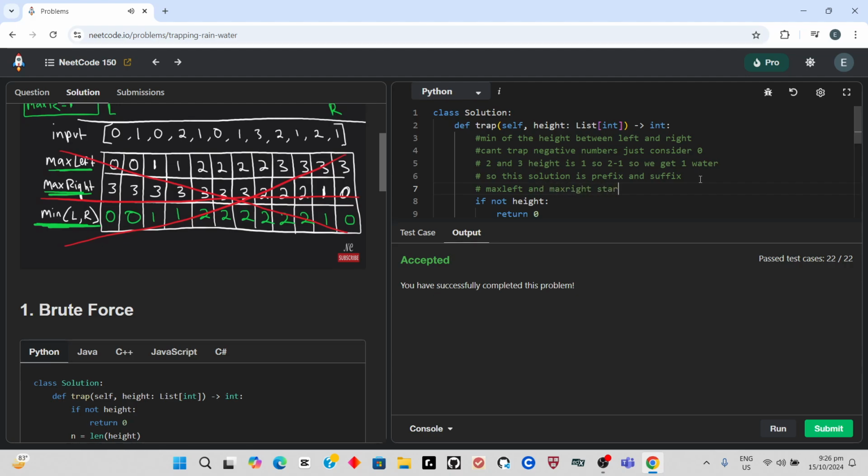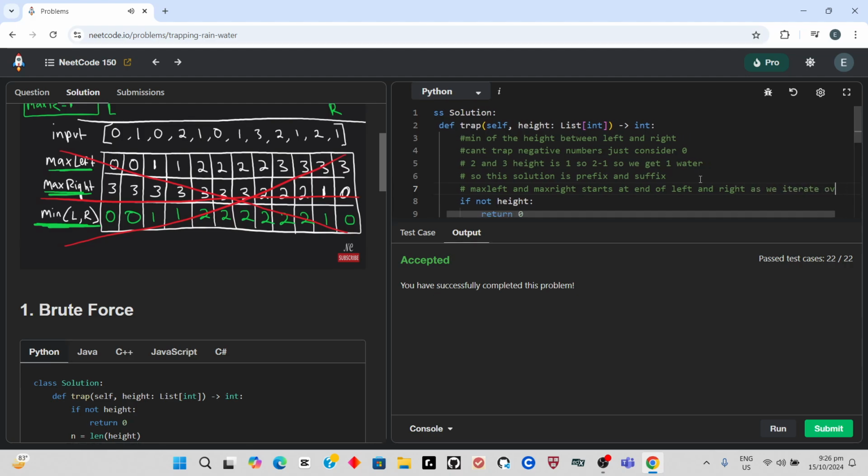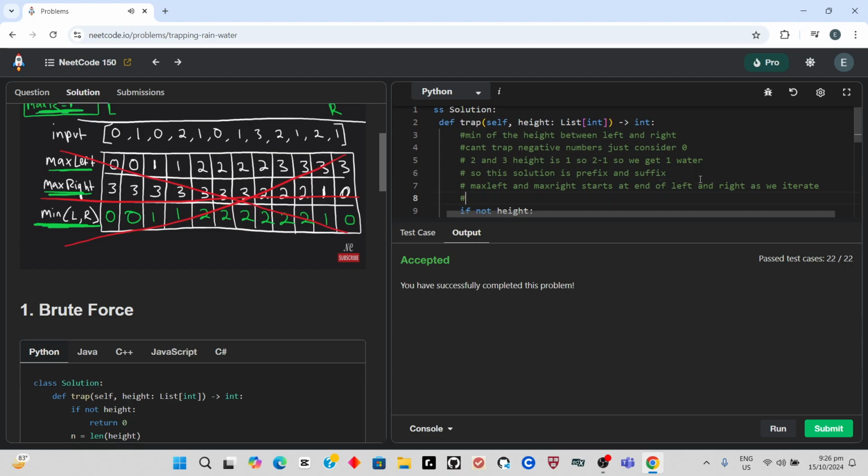Now, which pointer are we going to shift? We're going to take the one that has the smaller max value. So right now you can see max left has 0, max right has 1. So we're going to shift the smaller one, which is left. So we're going to take our left pointer and shift it. So now our left pointer is over here. And just FYI, we know that we can't have any water stored on the endpoints, right?